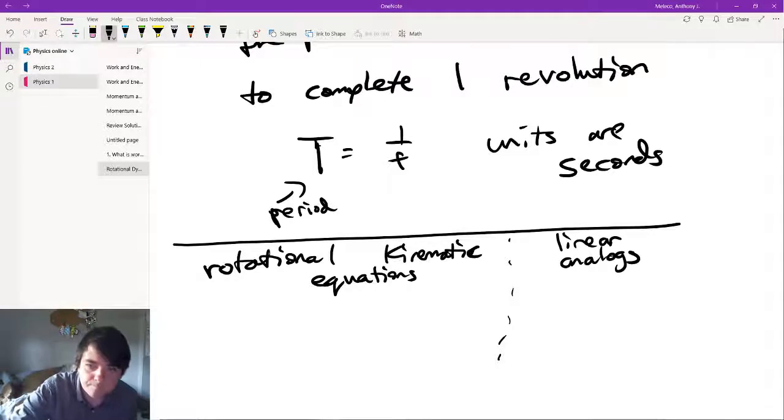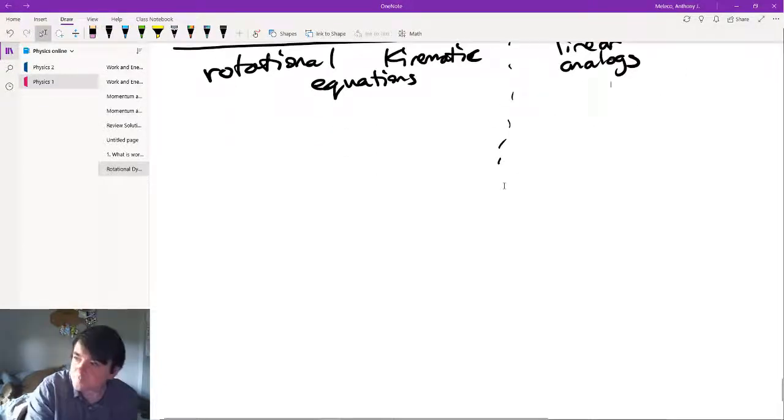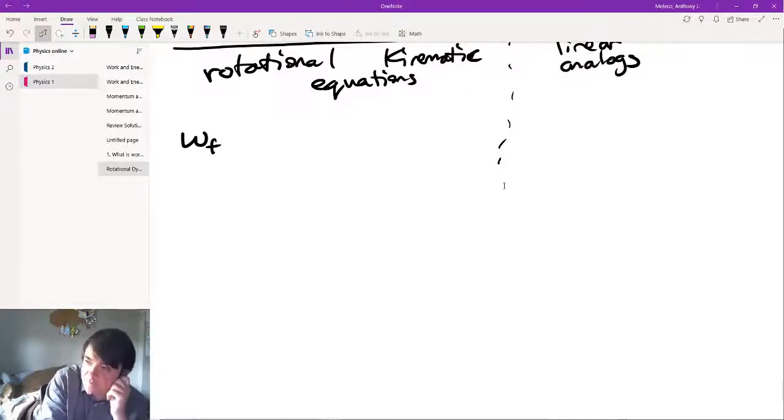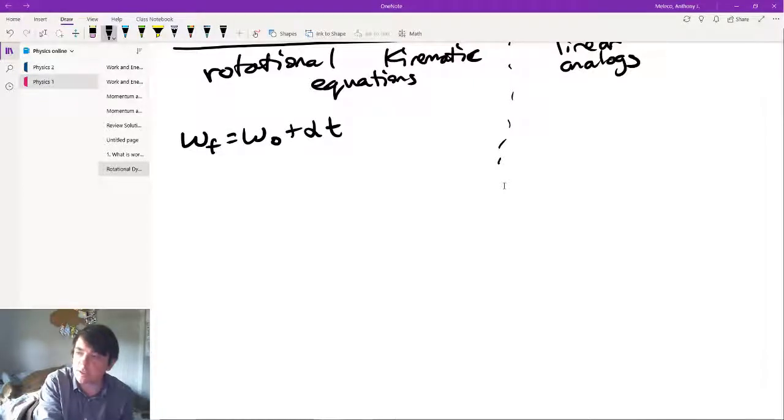These should look familiar to you, and they definitely will after I write out the linear ones.